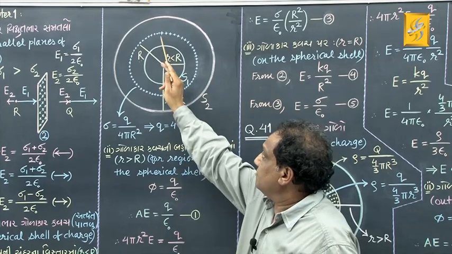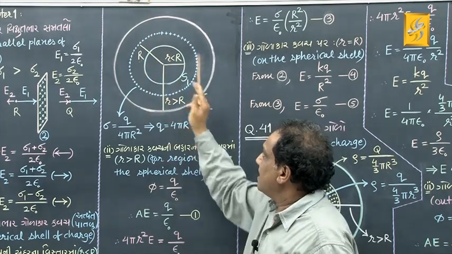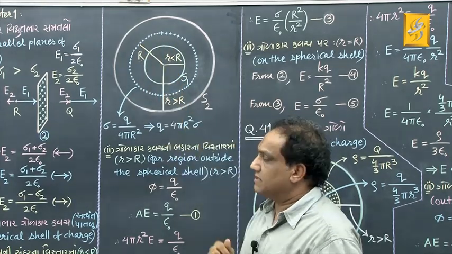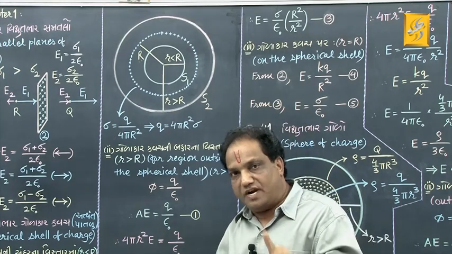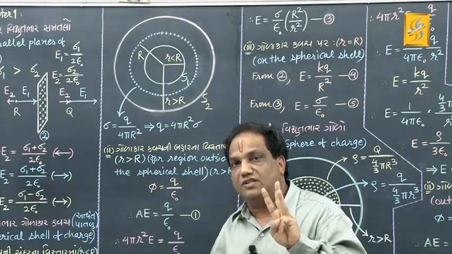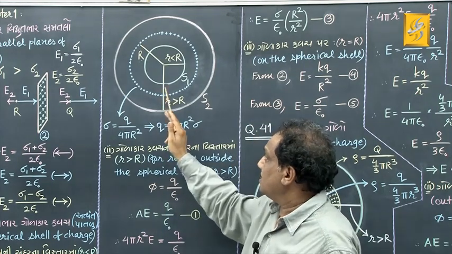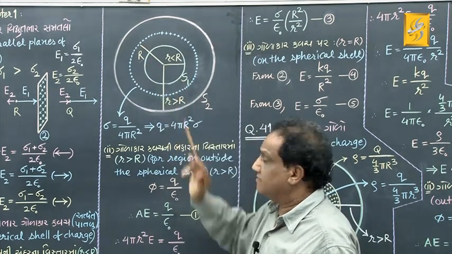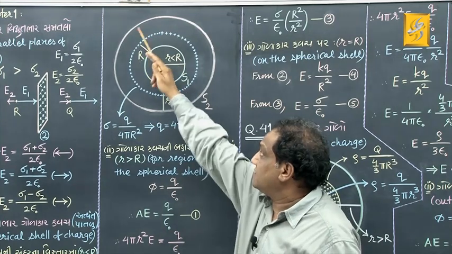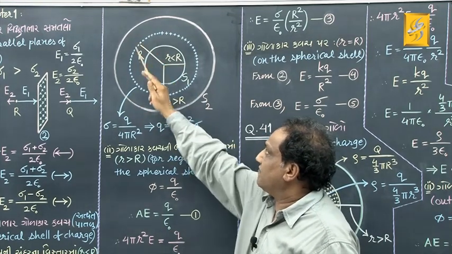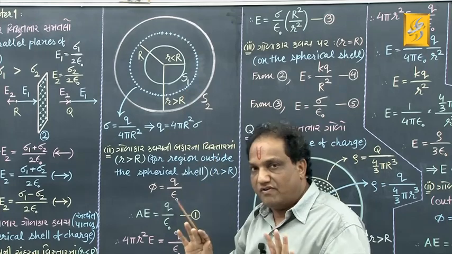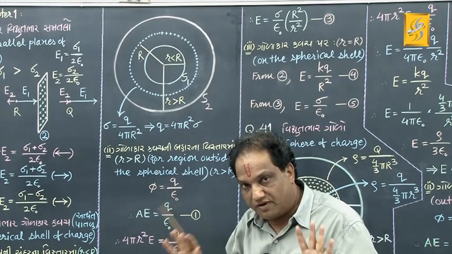Now this is extremely thin, having radius capital R. We are supposed to find electric fields in three different cases. First, in the region inside this shell, second, outside this shell, and third, on the surface of the shell. We will find these electric fields one by one.